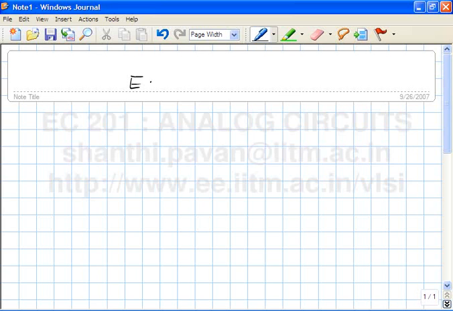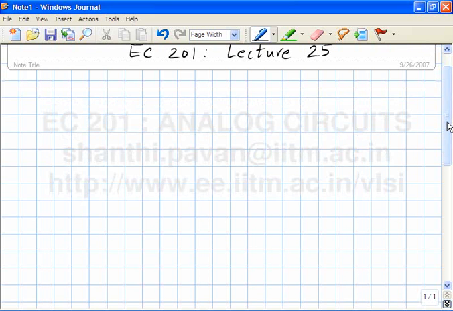So this is EC 201 lecture 25. Yesterday we derived another possible device that can give you incremental gain, and we saw that it's quite a natural consequence of things. Instead of choosing the 3-terminal 2-port one way, we chose it another way, and then we deduced the characteristics, and we found that in practice there exists a real device with such characteristics.